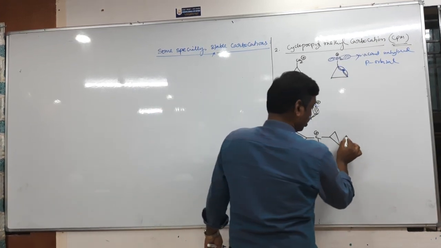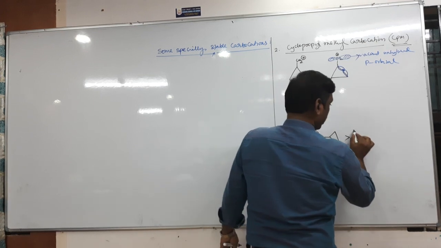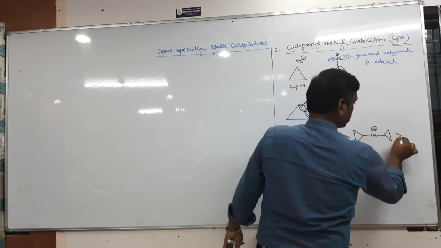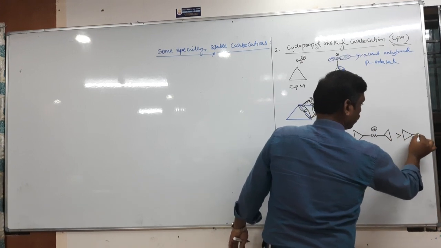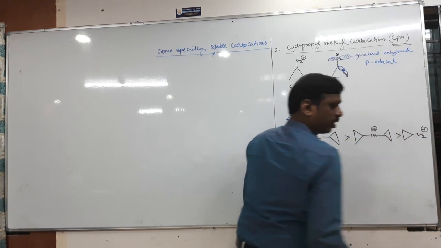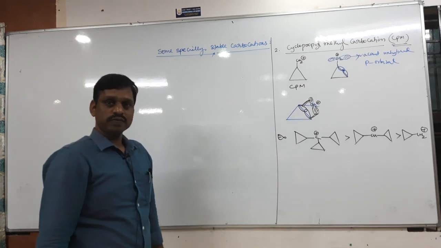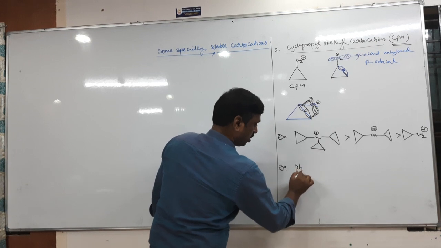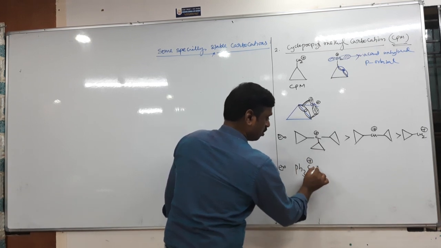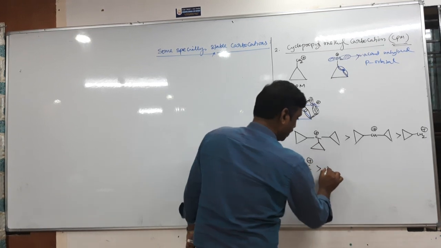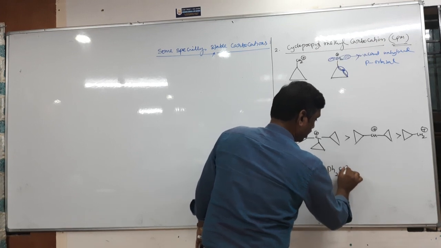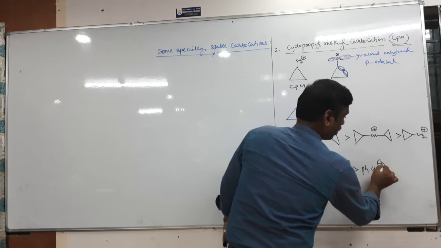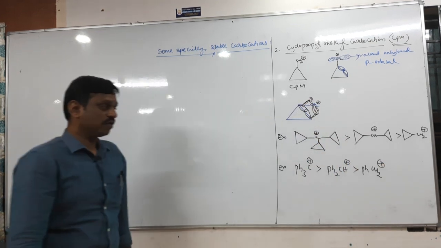Therefore tertiary CPM is more stable than 2 degree CPM, which is more stable than 1 degree CPM. Yes or no? Next, another example. Triphenyl methyl carbocation is more stable than diphenyl methyl, which is more stable than benzyl carbocation. Yes or no?